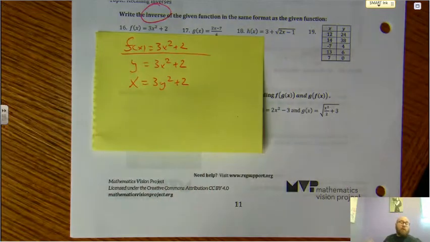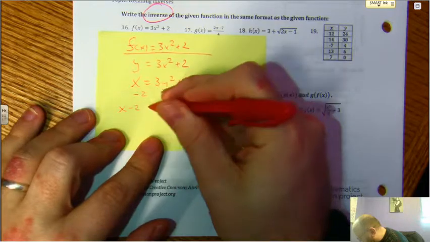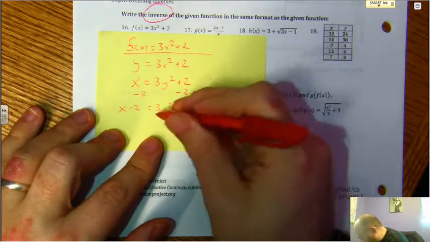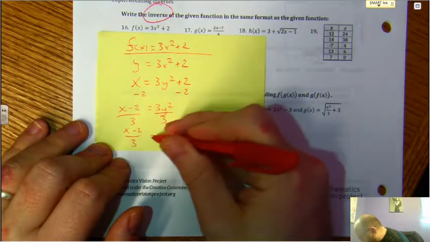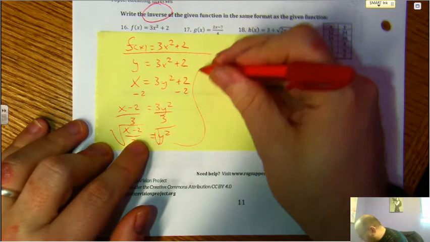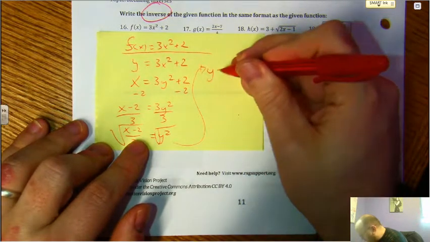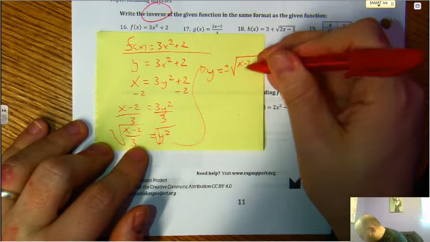But now I want to get y by itself, so I just do all the things to get y by itself. I'm going to subtract 2: x minus 2 equals 3y squared. I'm going to divide by 3. So (x minus 2) over 3 equals y squared. I'm going to square root both sides. So y would equal plus or minus the square root of (x minus 2) over 3.